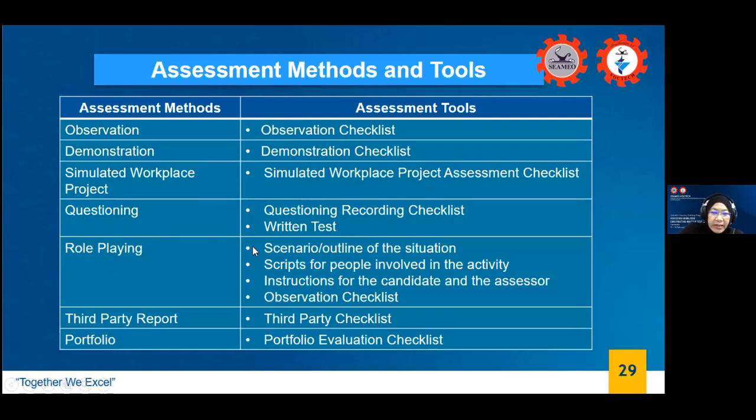Role playing, you have scenario outline of the situation, scripts for people involved in the activity, instructions for the candidate and the assessor, and even observation checklist you can use. Third party, third party checklist, and then portfolio evaluation checklist. So in this case, because these are very much performance based, when it is performance based, you more or less use checklist.